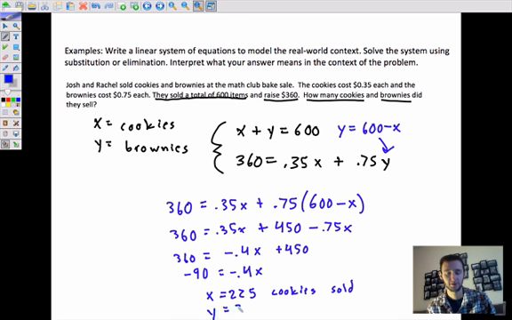So y equals 375, and that is the number of brownies sold. So in terms of the problem, you can answer how many cookies and brownies did they sell with: they sold 225 cookies, 375 brownies.